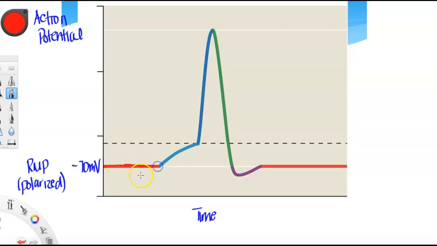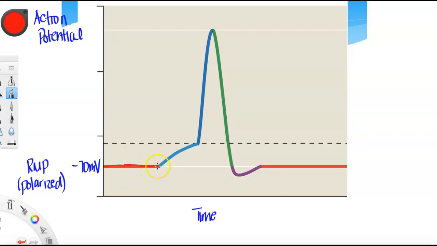What gives the cell that resting membrane potential is the movement of sodium and potassium, mainly potassium, because there's tons of open channels for potassium, so it's always diffusing out at a pretty good amount. There's only a few open channels for sodium that are moving back inside the cell. Okay, but that's what gives it that negative 70 millivolts.